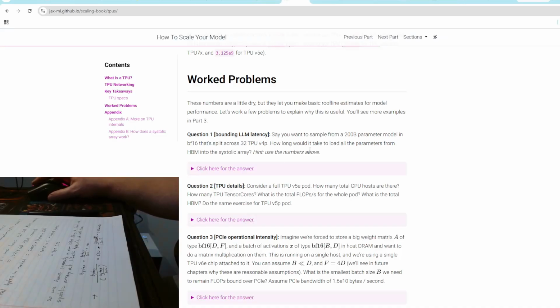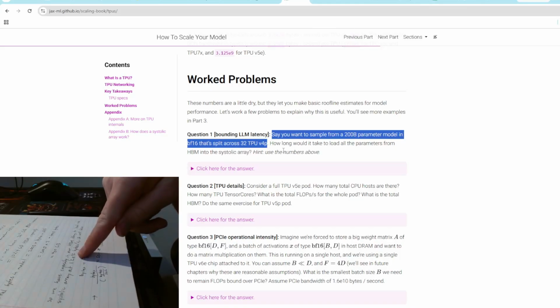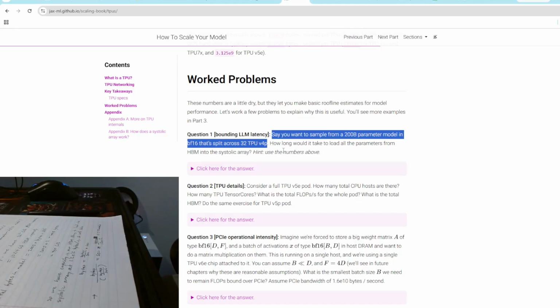Let's go. Okay, let's check that we read this right. A 200 billion parameter model in BF16, and BF16 is split across 32 TPU v4p. Hold on. So it's 1.2 E12 bytes per second. Is that per chip, or is it one HBM for all 32?